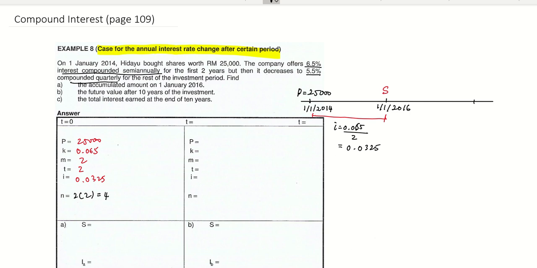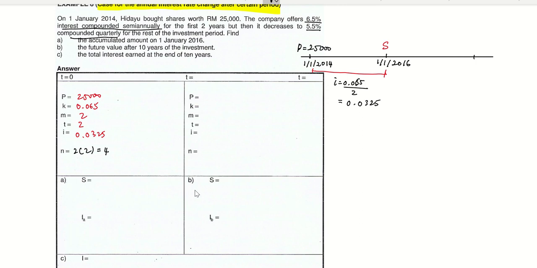So we find the accumulated amount on 1st January 2016. We plug in all the values: P, 25,000, times 1 plus 0.0325, power of 4.